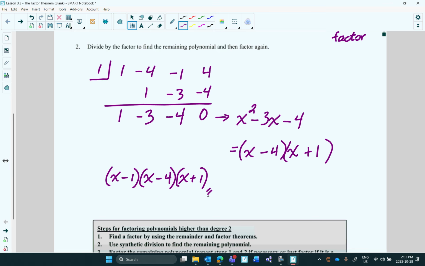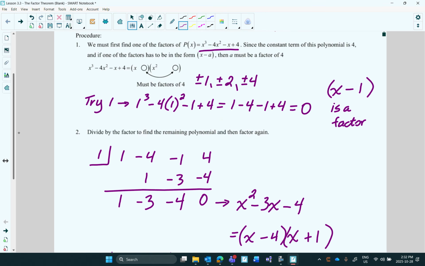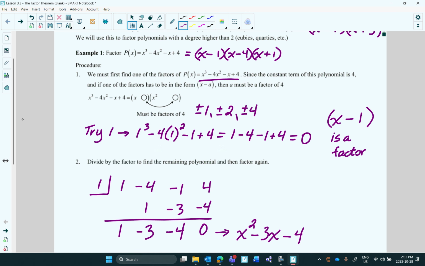Because what does this tell me here? Here's the answer again. If I try 1 and the remainder term, it's going to work. If I try 4 and plug it in for x here and calculate it, it's going to be 0. If I plug -1 into here and calculate it, it's going to be 0, because these are all factors. Does that help?